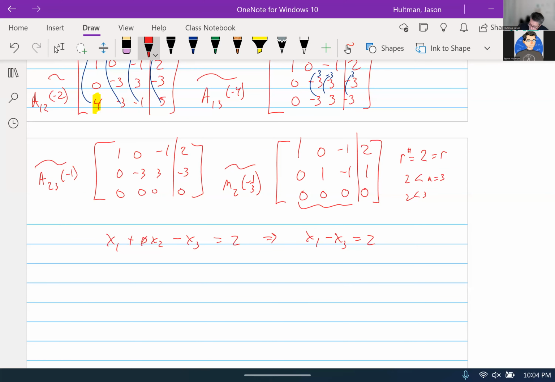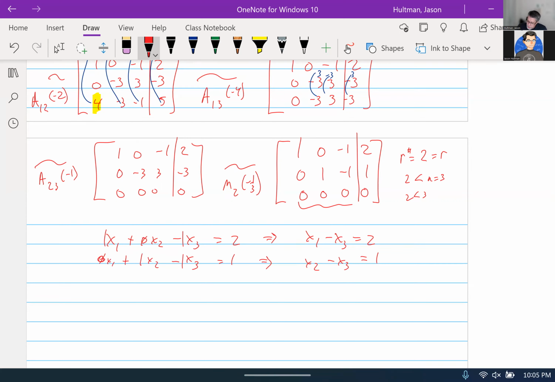And then my second equation is 0x1 plus 1x2 minus 1x3, I could put ones in here if it helps you out, is equal to 1. What's that going to become? That's going to become x2 minus x3 is equal to 1.